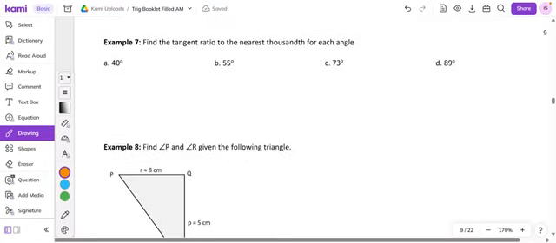All right, so on your calculators, let's do just A and C. Let's find the tangent to the nearest thousandth. Okay, so tan of 40, tan of 73. This is really just to check that we're using our calculators correctly.